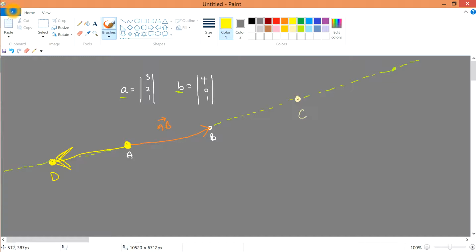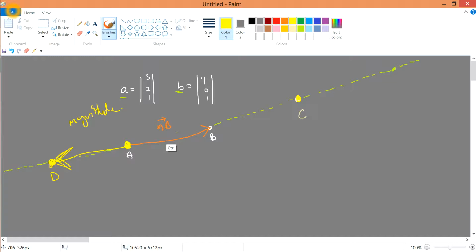This vector has the same magnitude as A to B, just going in the opposite direction from A to D. So as you can see, any point that you set, C or D, will give you a different magnitude.